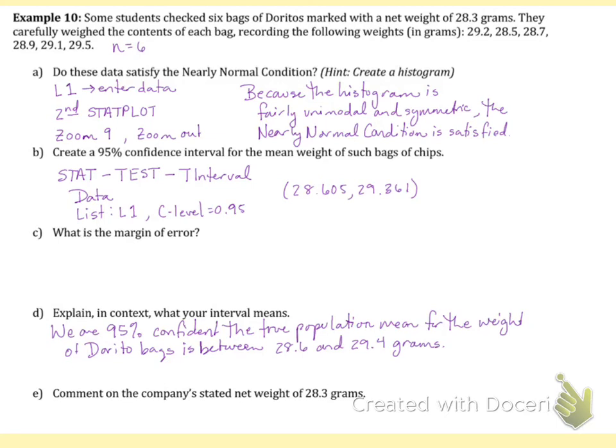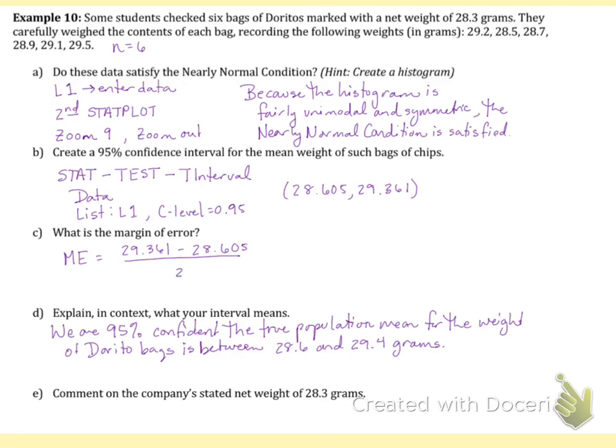Let's go back to part C. C is asking for the margin of error. And we're going to find this the same way that we found the margin of error for the proportion. Since we already have the interval, we know that the margin of error is going to be half the distance of this interval, half the length of this interval. So the margin of error is going to be 29.361 minus 28.605, all divided by 2.